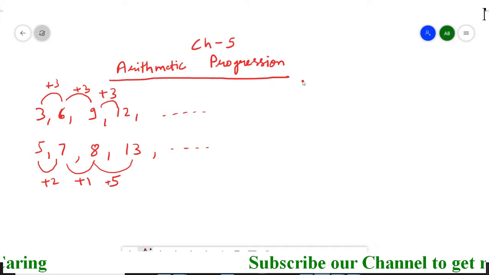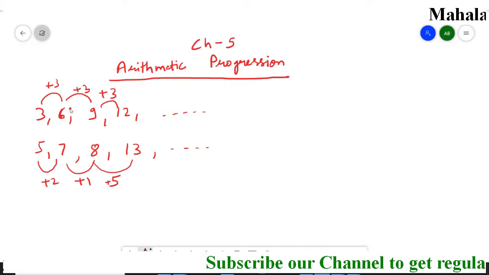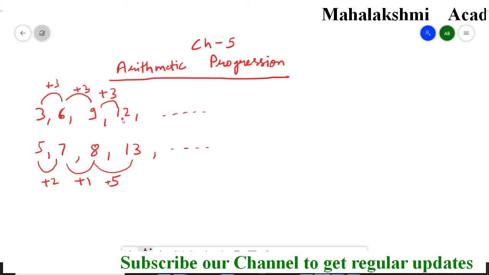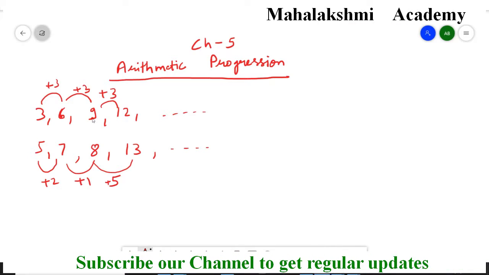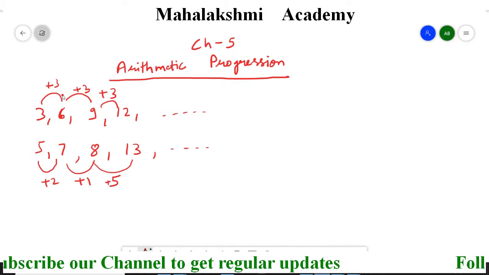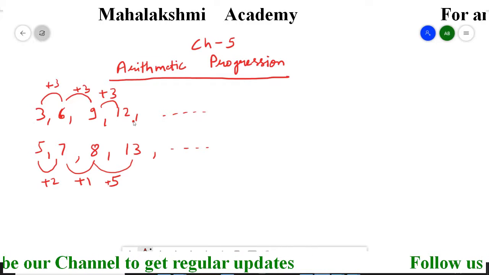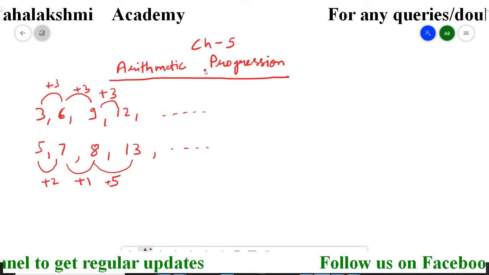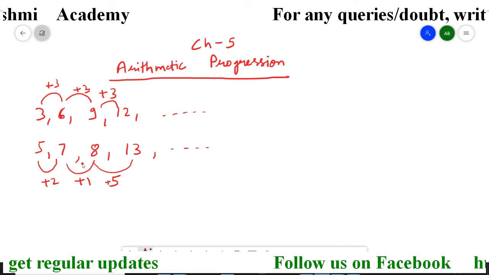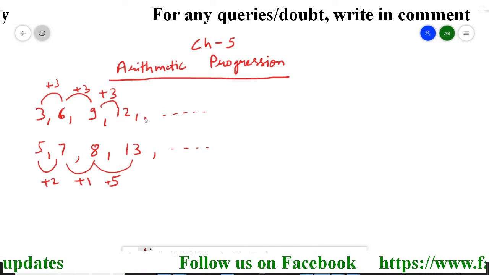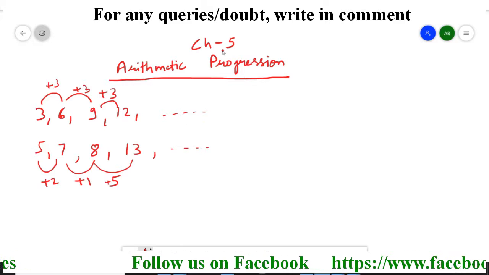So in the upper series the difference between two consecutive terms, two continuous terms one after another, is the same. This kind of series in which the differences are the same is known as an arithmetic progression, and the other series is not an arithmetic progression. This kind of series we are going to solve in chapter 5.